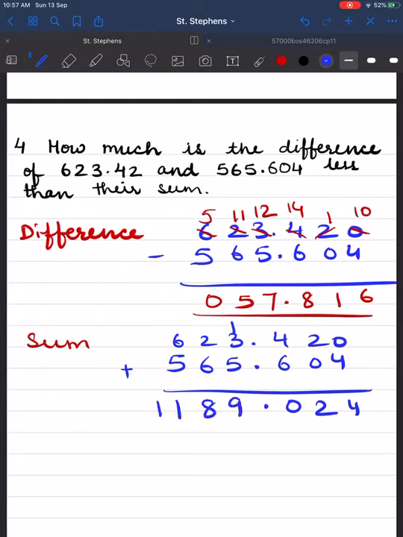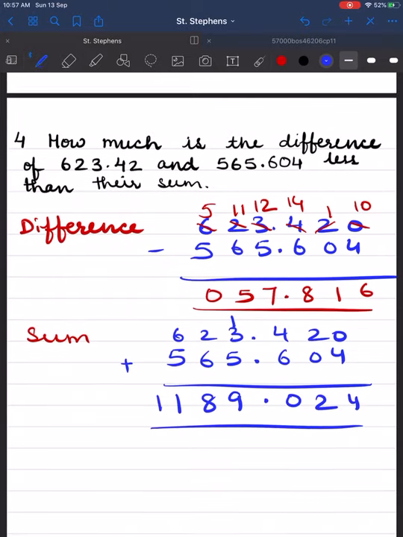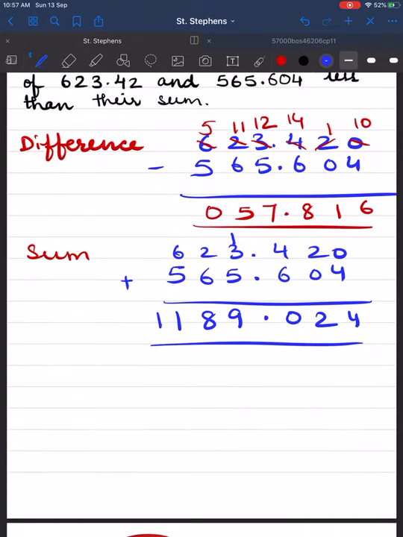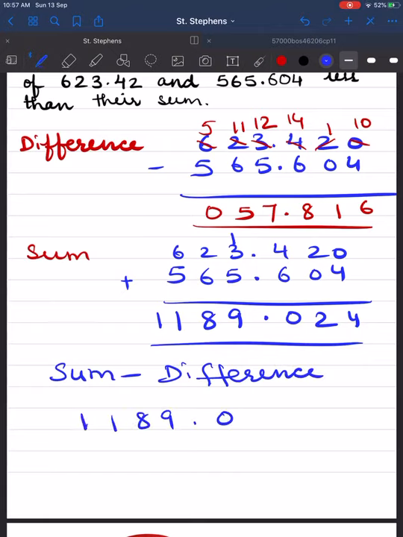So we get 1189.024. Now we have to subtract the difference from the sum. So it is sum minus difference. So we write 1189.024 and we subtract 57.816.